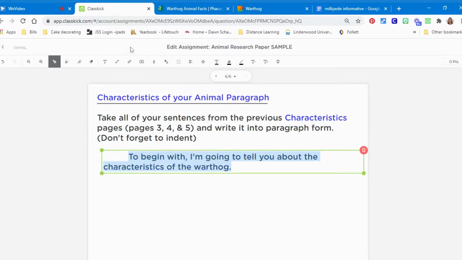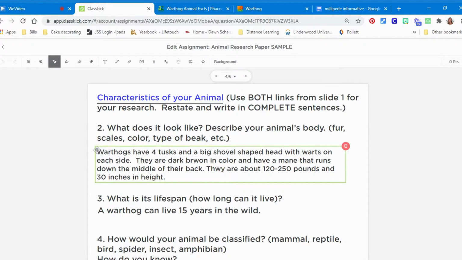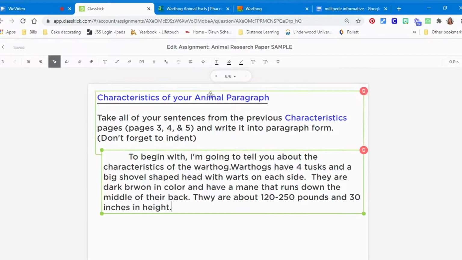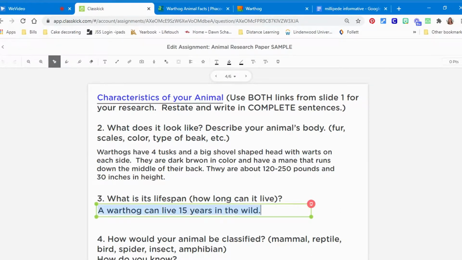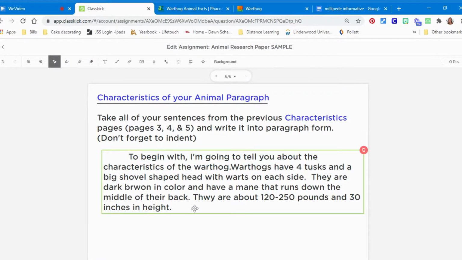There we go. Then I'm going to go back to page 4. And I'm going to copy all my facts from page 4. I'm going to start out with number 2. Control C, copy. Control V, paste. Then I'll do the same thing with number 3, Control C, copy, Control V, paste.